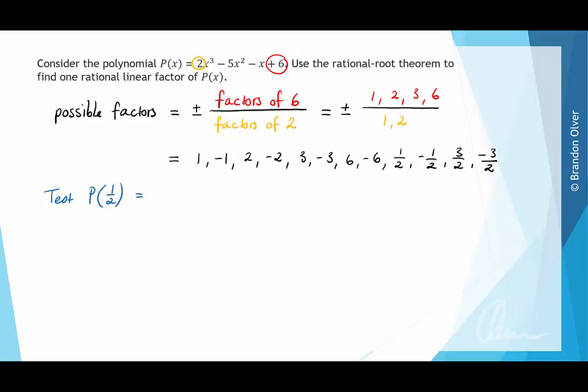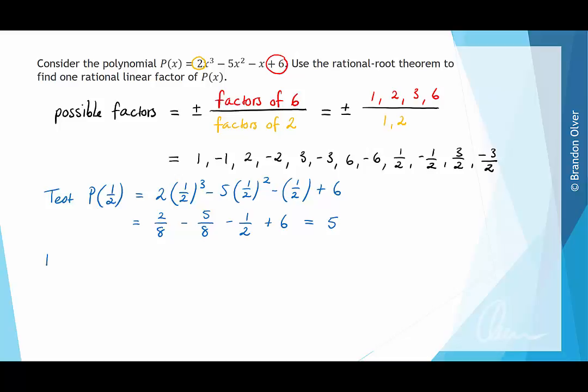So if we do that, we have 2 times 1/2 cubed minus 5 times 1/2 squared minus 1/2 plus 6. And now if you evaluate that, you'd find that it's equal to 2 divided by 8 minus 5 divided by 8 minus a half plus 6, and when you evaluate that, you find that it's equal to 5. So because it's not equal to 0, it is not a factor of p of x.